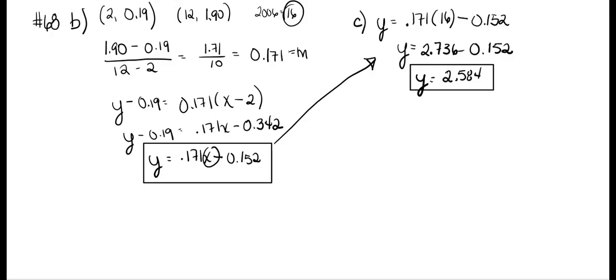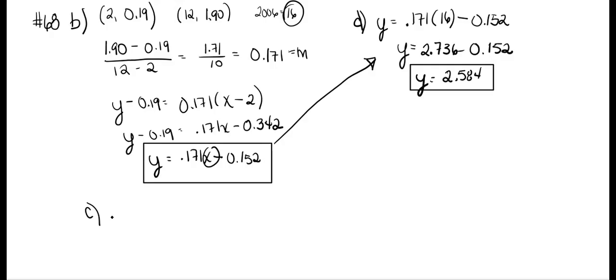Now the question they asked on part D, I'm sorry, I put part C, but I meant to put part D. I was not going to interpret that, but I guess we could interpret it. Let's go ahead and interpret it. It says interpret the meaning of the slope of the equation from part B, which is the one I put in a box, in the context of the problem.